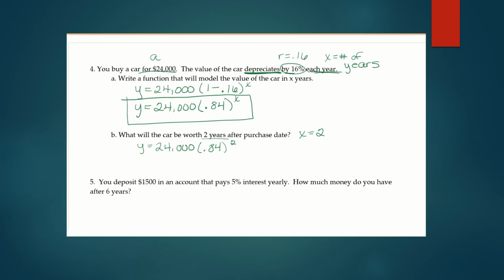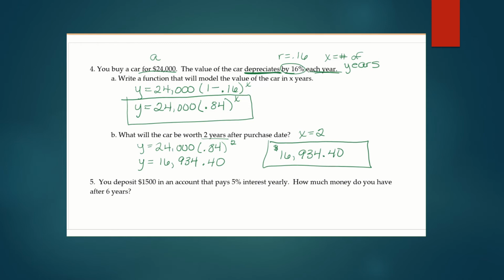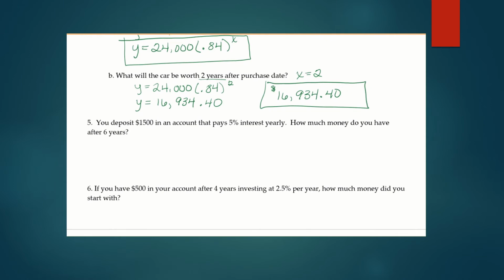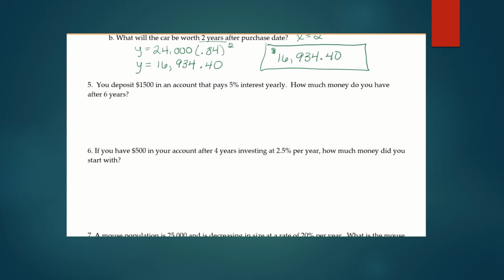So the car after 2 years is going to be worth, well, let's see, $16,934.40. Okay. So you can see the value of the car went down. Sadly, that is the case, but it is a very realistic case when it comes to car buying, sometimes even home buying.